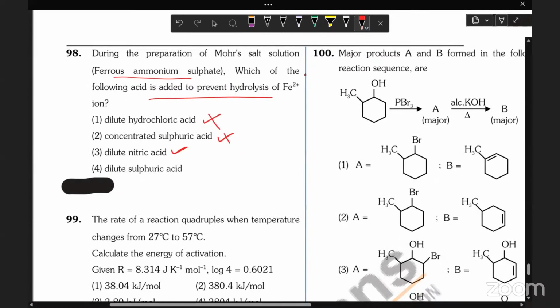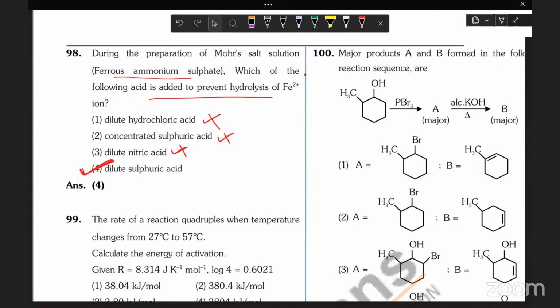So none of them will be used. It is only dilute sulfuric acid that is used to provide the acidic medium. Yes, that's the right answer.